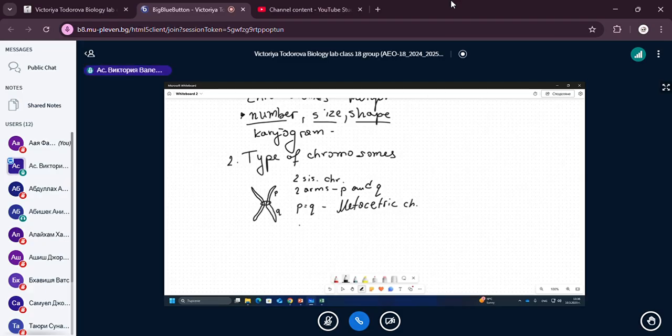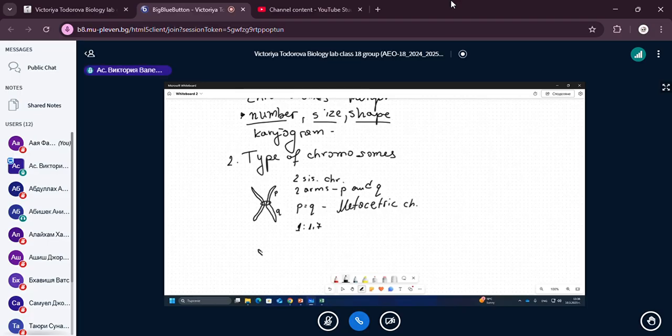Here, the variation of the length of the arms is 1 to 1.7, approximately.